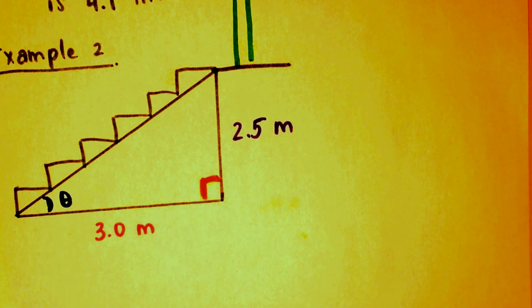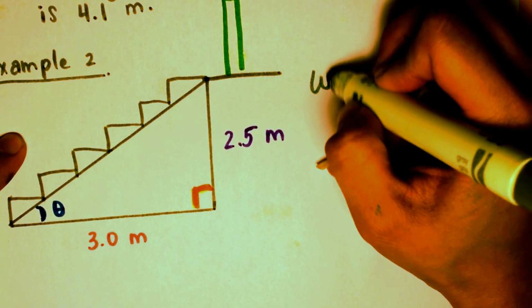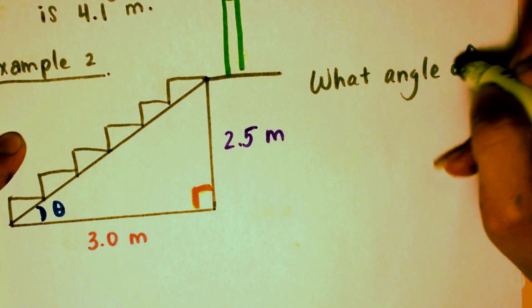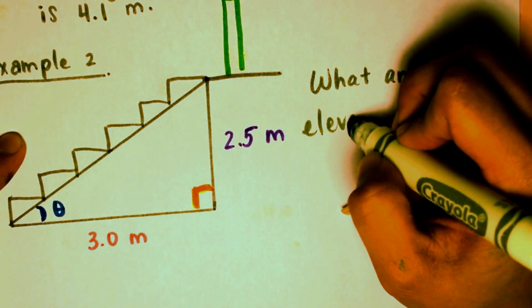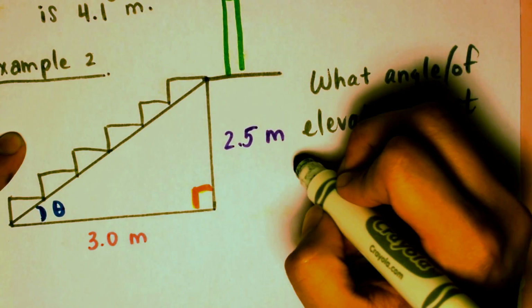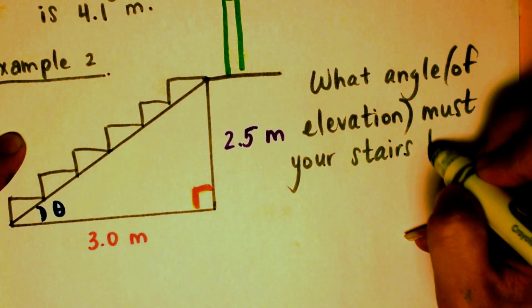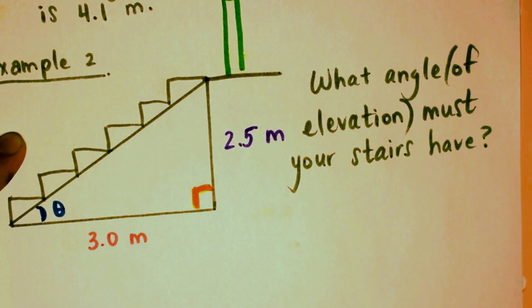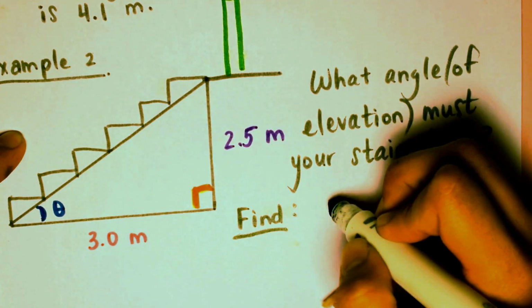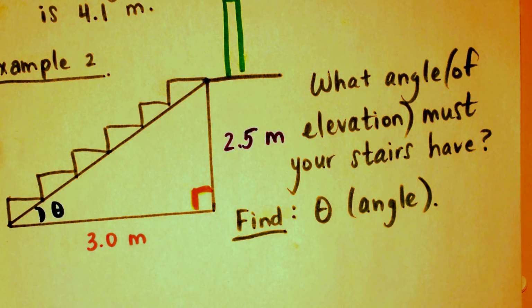What angle of elevation must your stairs have? So our find is theta, which is our angle. Okay, now we have our objective.